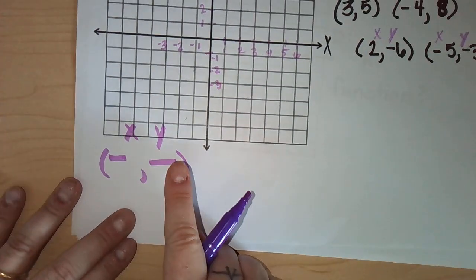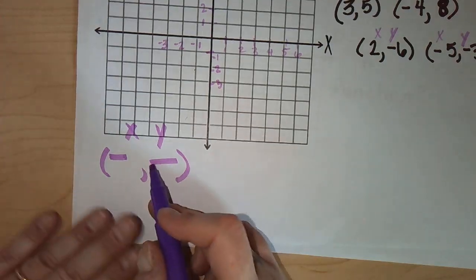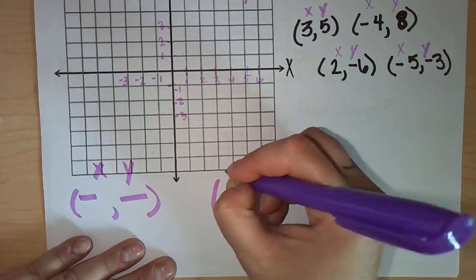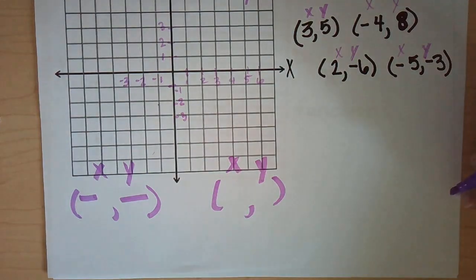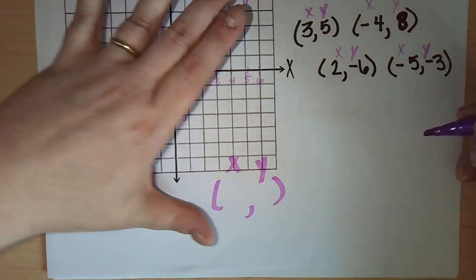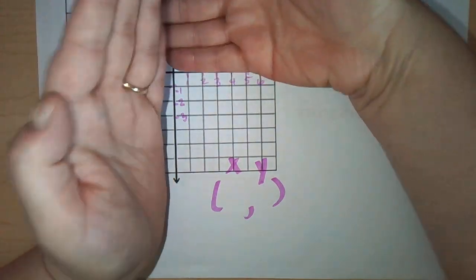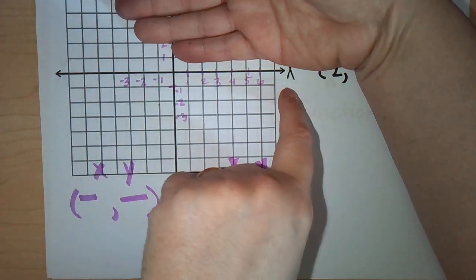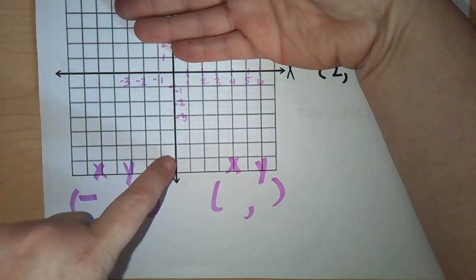So this ordered pair is negative, negative. Looks suspicious. And then over here on the right, let's cover this quadrant. The X values are positive, and then my Y's are negative.